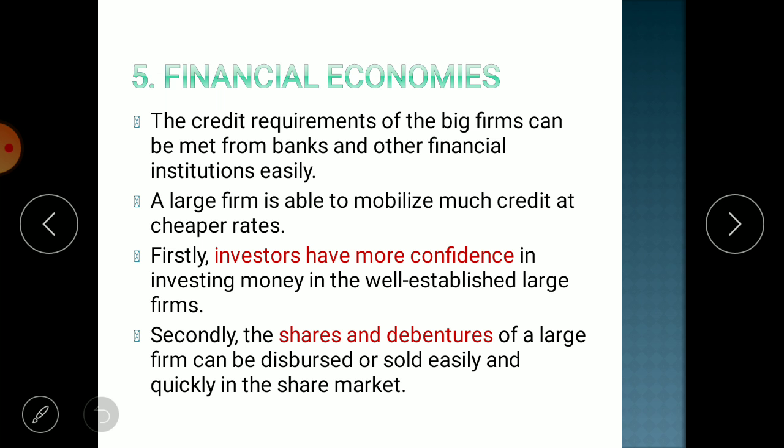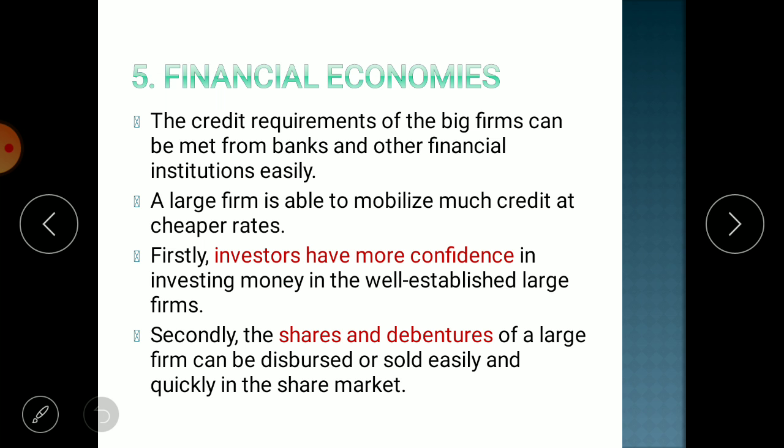If they have a capital requirement and they issue shares, even the public will be very keen to subscribe to the shares of the large firms. Why? Because the large firms are well established in the market, they have very good credit worthiness, so their profit earning capacity is generally high, which will be beneficial to the equity shareholders in the form of dividend. So a large firm can easily get the shares.